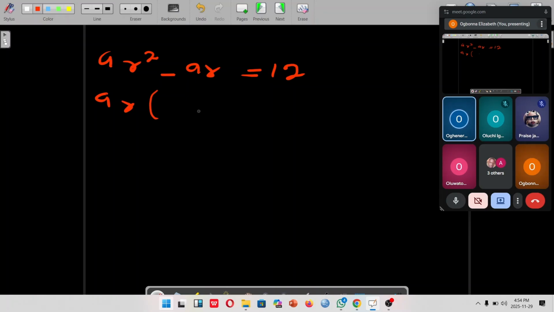Ma, you said if we remove AR from the equation, then it will remain R. Please, Tope, were you sleeping? No, ma. Now, if you remove AR from AR, what will remain? R minus 1.